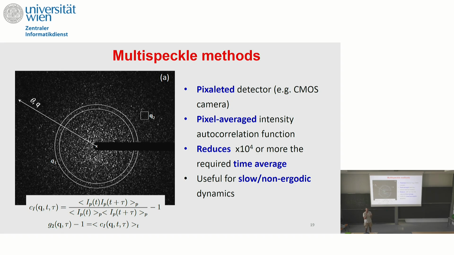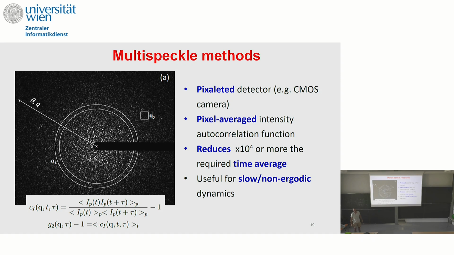So the fluctuations of one speckle are completely decorrelated from the fluctuations of a neighboring speckle, which means that distinct speckles bring statistically independent information. That's why it works.